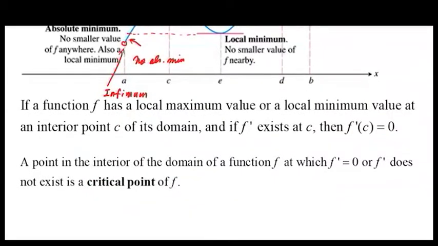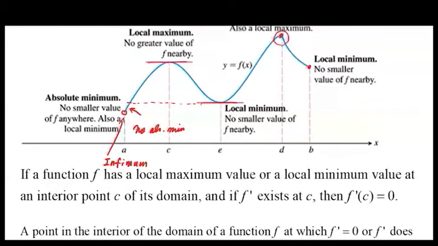Now let's just observe a couple of things. At this local max or min, the derivative is, well, the slope is flat, right? Or it could happen like this, which is pointy. So at a max or min, the derivative is either 0 or non-existent, right?